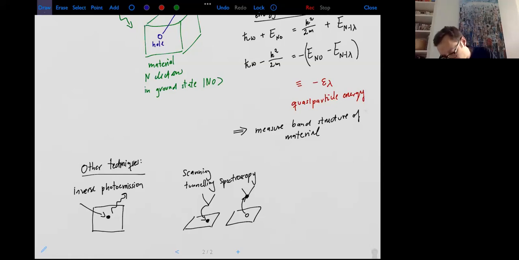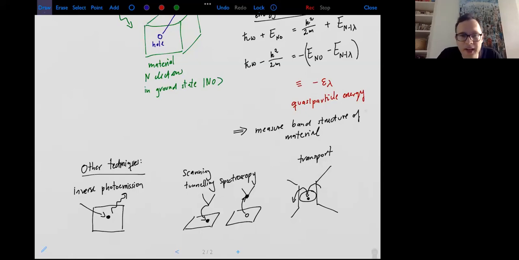And then there are transport measurements. For example, you could have a molecule or some sort of nanoparticle between two contacts, and if you apply a voltage, an electron might hop onto your molecule or whatever and then move to the other contact, right? And all of these experimental techniques probe essentially these quasi-particle energies, because in these experiments the number of electrons or holes changes by precisely one.